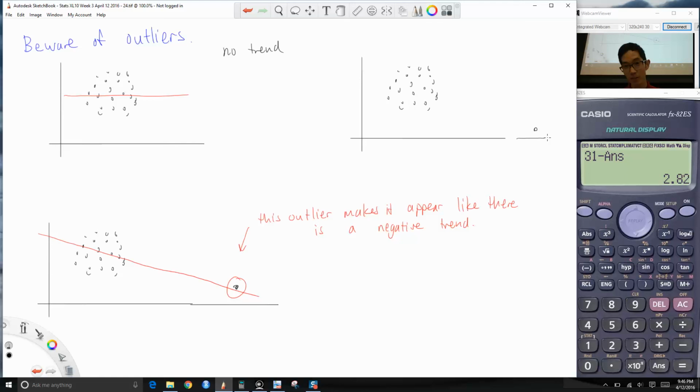Let's say this is based on, I don't know, how much money you have or something, okay? So you interview people, and this axis is how many sodas do you drink, and this is how much money do you have, right? Probably there's not too much relationship between how much money you have and how much soda you drink. Well, maybe there is, but okay.